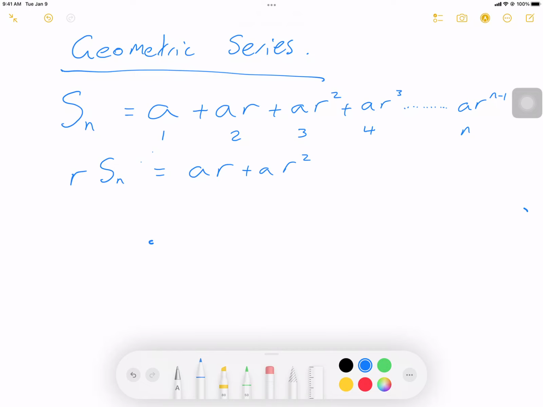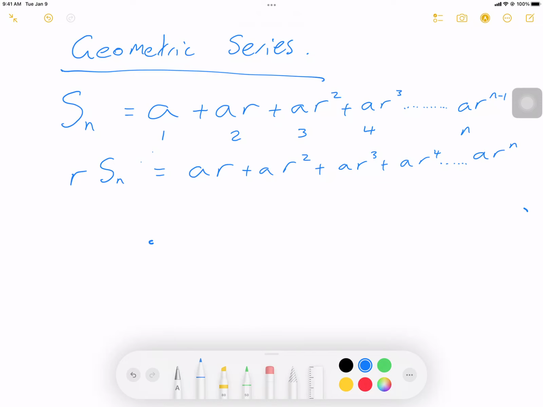So basically every term is moving one across, isn't it? ar cubed plus ar to the 4, and I'm going to go all the way up to ar to the n, because I had one less than n before, and I multiply it by an r, I'm going to have an extra one.